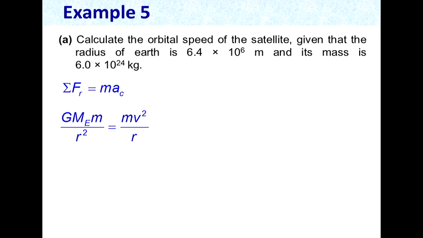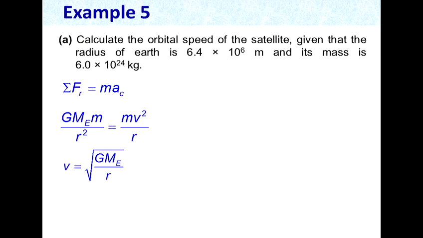This r and this r, will they always be the same? In this case, yes. The distance between Earth and satellite happens to be also equal to the radius of orbit, but you'll see in your tutorial questions that it may not always be so. So be careful what value you substitute on the left-hand side and the right-hand side for the small r. It may not be the same r. But in this case, it is the same. That's why I use the same letter r.